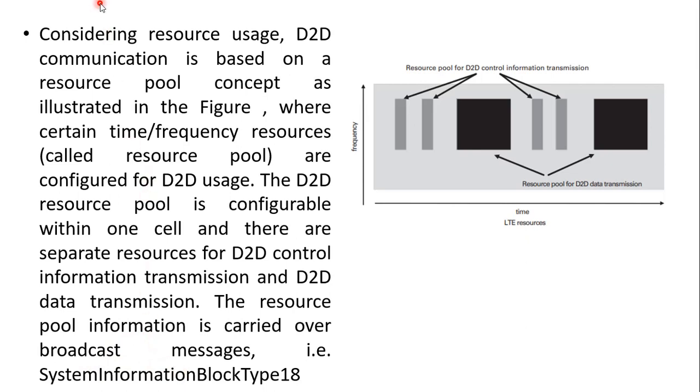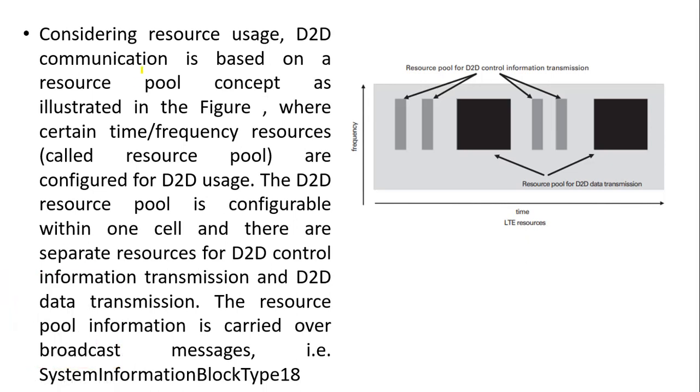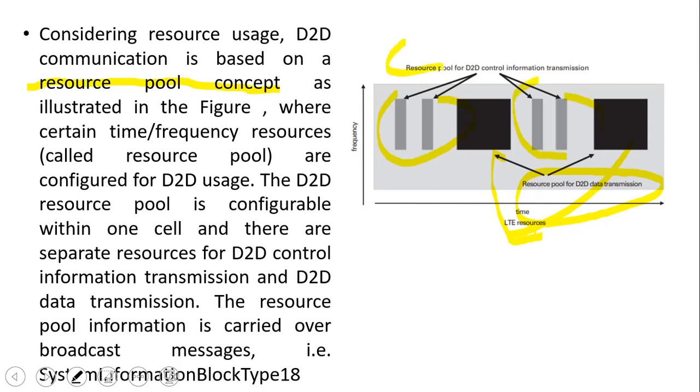So considering the resource usage, D2D communication is based on what? Resource pool concept. So what do you mean by a resource pool concept? This is a resource pool concept as shown in the figure, where this and this are used for data transmission, whereas these channels are used for control information transmission.